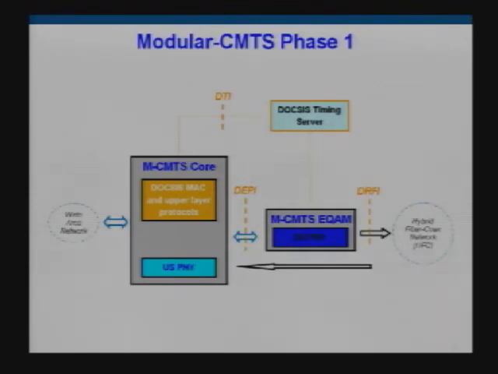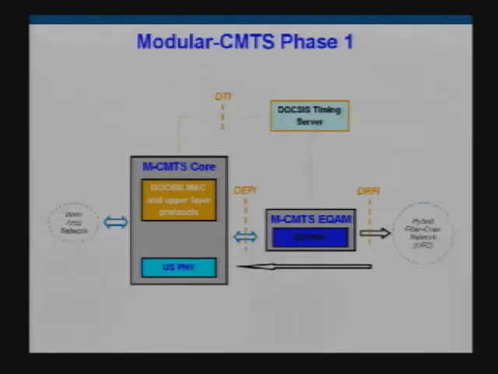So let us take a look at the modular CMTS architecture here with phase 1. What you see here is, if you look at the MCMTS core, the DOCSIS MAC and upper layer protocols still reside in the MCMTS core device, and the upstream PHY layer component also resides in the MCMTS core.